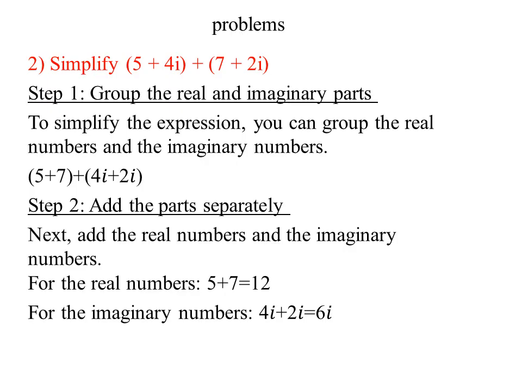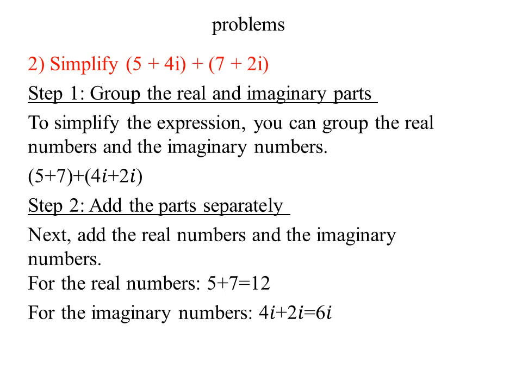After that, we have to group the real and imaginary parts. That is 5 plus 7 plus 4i plus 2i. Then add the parts separately. That is, we have to add the real parts separate and the imaginary parts separate.